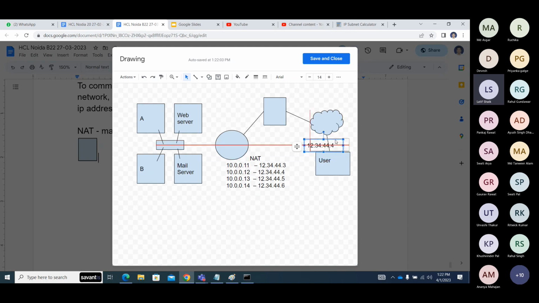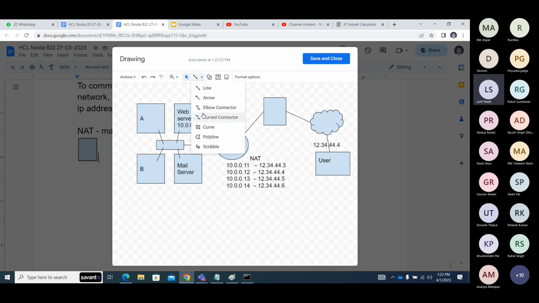The request goes up to here, and it is translated into 10.0.0.12, which is our website. Okay, so this is how it goes.